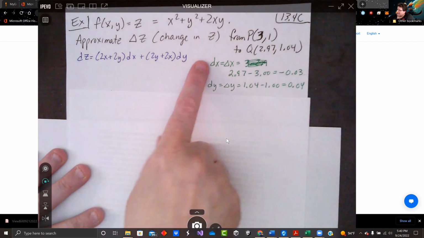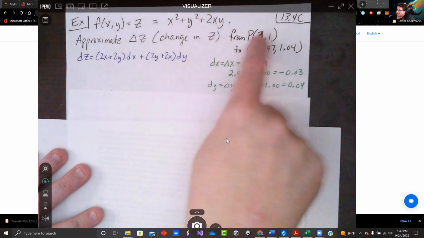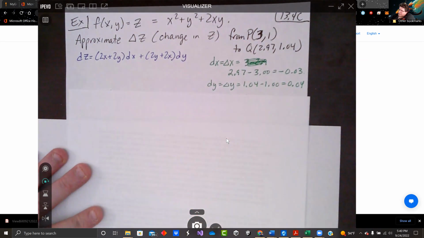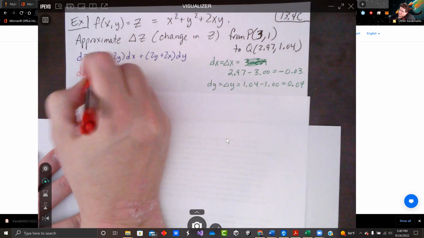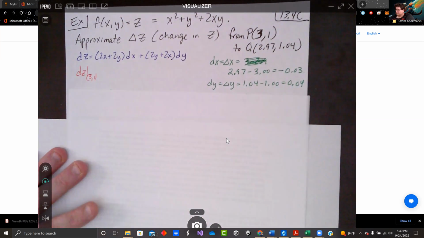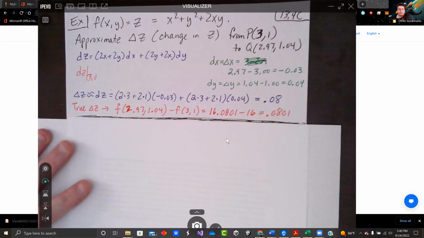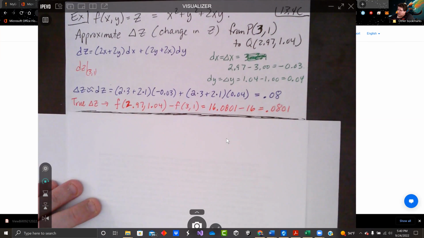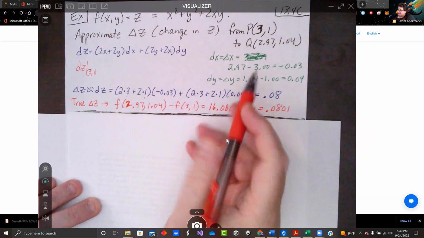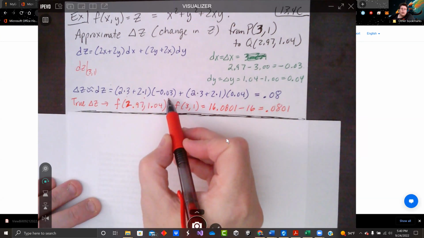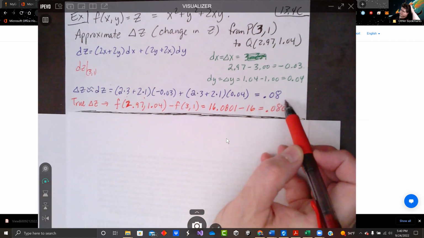We're approximating (2.97, 1.04) at (3, 1), so we're evaluating dz at (3, 1). And so our delta z is approximately that dz. We're just plugging the things in. x is 3, y is 1, dx is negative 0.03. You plug them all in, do the calculations, and you get 0.08.